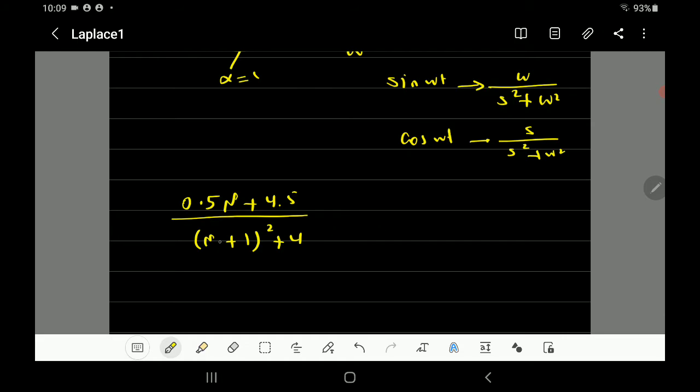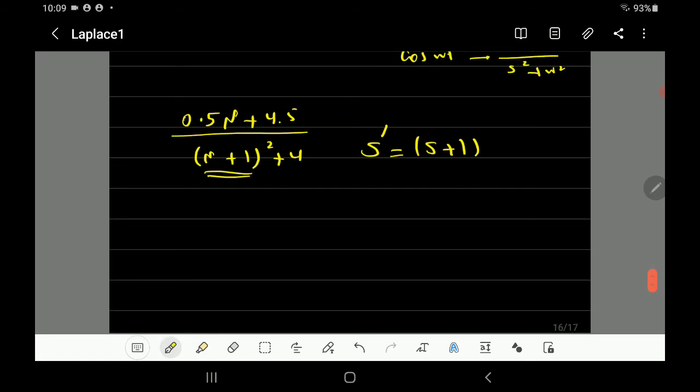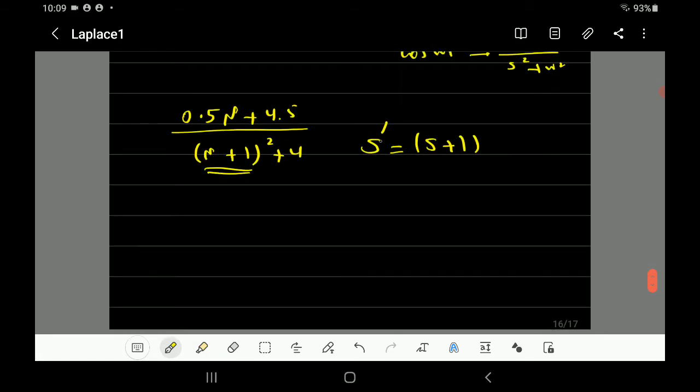Let's call s dash, the new s, equal to s plus 1. So this bracket s plus 1 is just called s dash. So s dash is equal to s plus 1, and s will be equal to s dash minus 1, right?